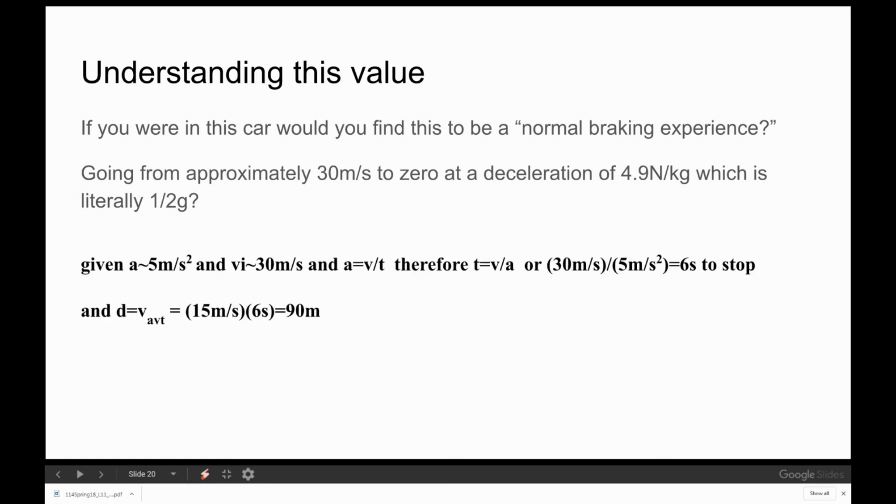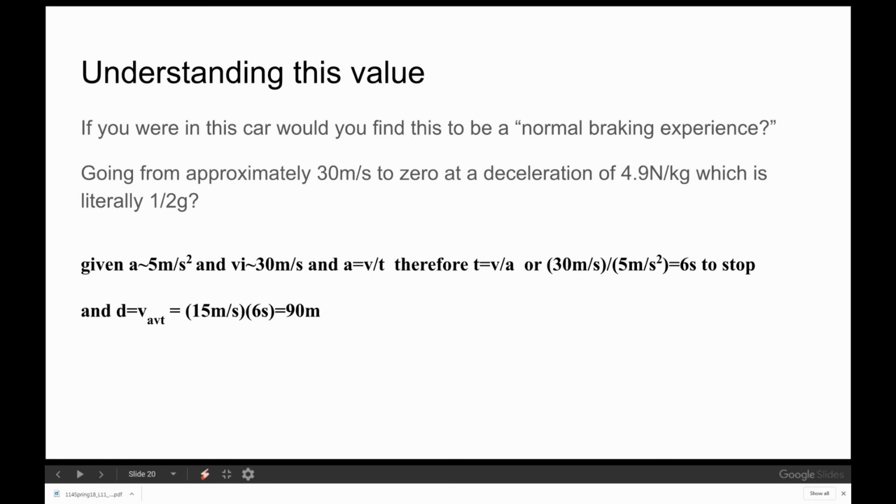Given the acceleration is about 5 meters per second squared and the initial speed is about 30 meters a second, we get, by rearranging, this person's going to take about 6 seconds to stop. Does 6 seconds sound to you like a long time to brake a car, or an abrupt time to brake a car? And the distance the vehicle is going to take to stop is 90 meters.